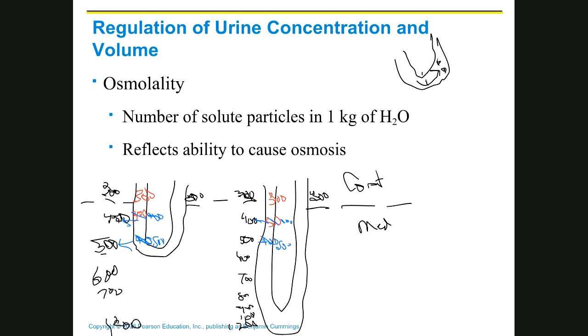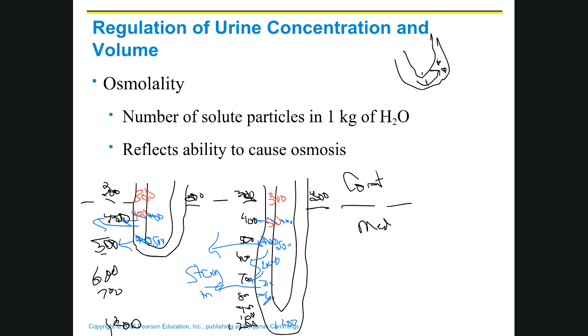And if I go down here, more water is going to go out until it's the same, and more water, and more water. So when I get down to the bottom, it's going to be about 1,200 milliosmoles. So look, water left the tube, and it's going to stay in the body. It's not going to be excreted.